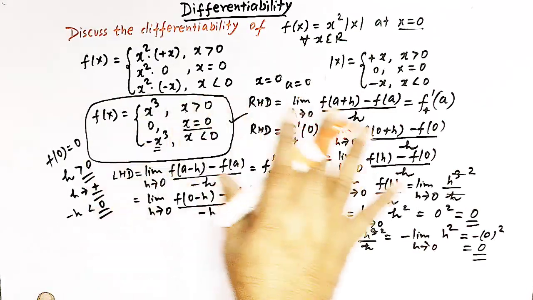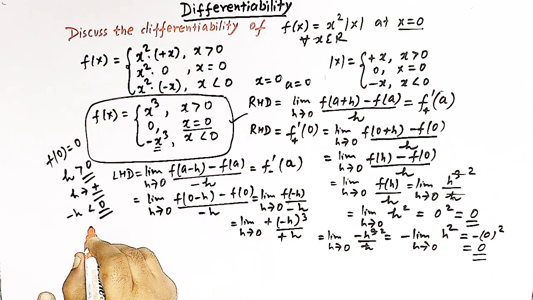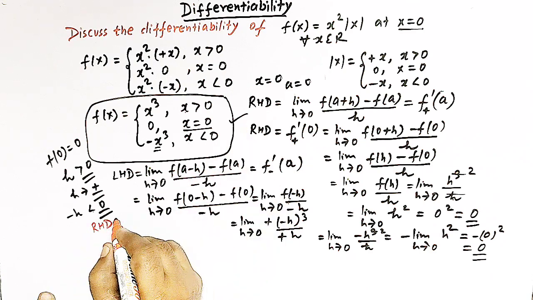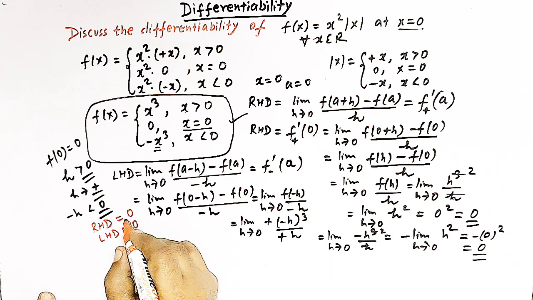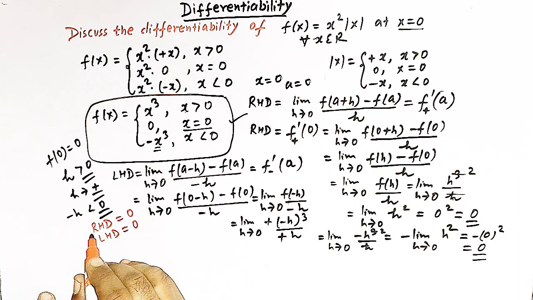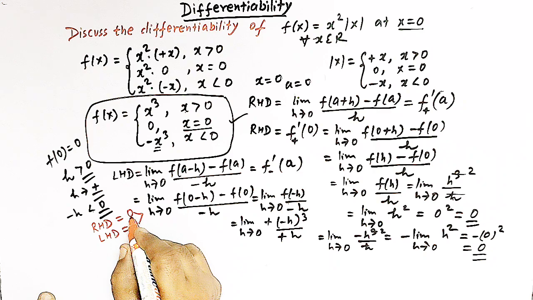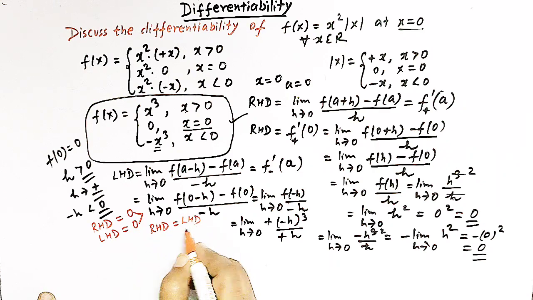So from this discussion, we have seen that the right hand derivative is equal to 0 and the left hand derivative is also equal to 0, right? And moreover, right hand derivative and left hand derivative both exist, and they are finite, and they are also equal to each other, right?